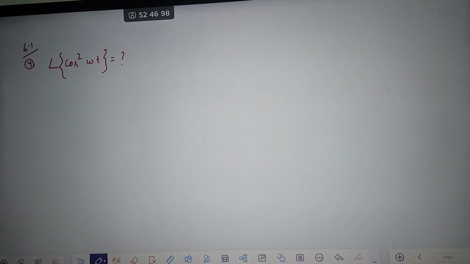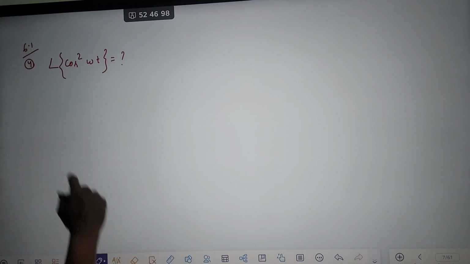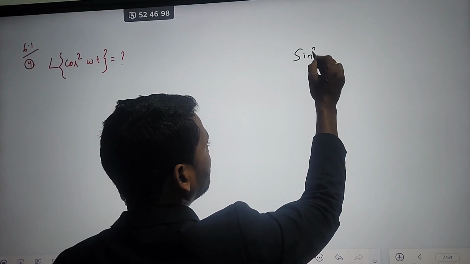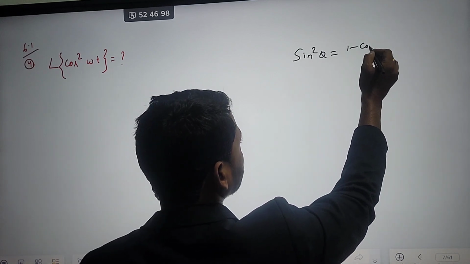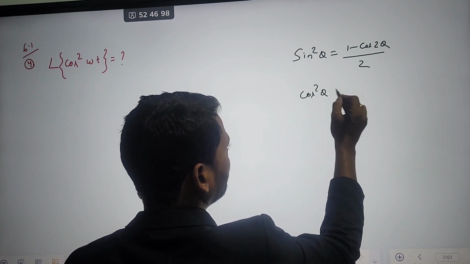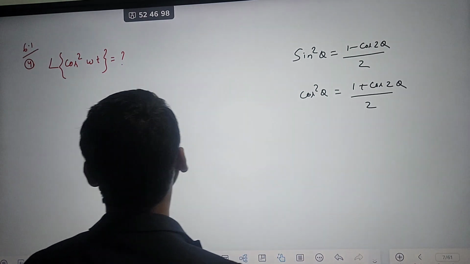Next, exercise 6.1 question number 4: Laplace of cos square omega t. You know sin square theta is 1 minus cos 2 theta by 2. Similarly, cos square theta is 1 plus cos 2 theta by 2.